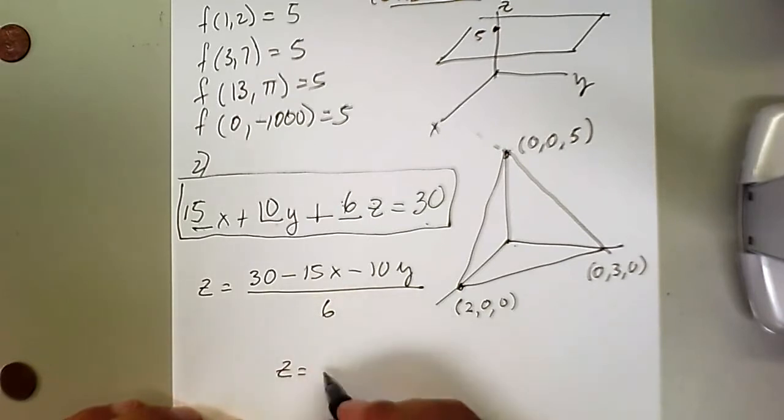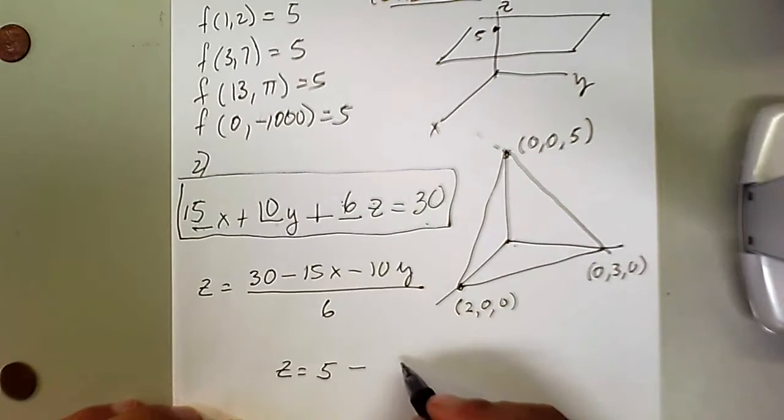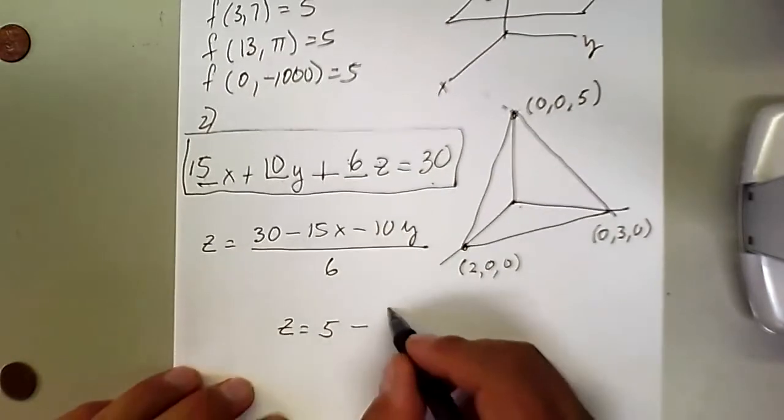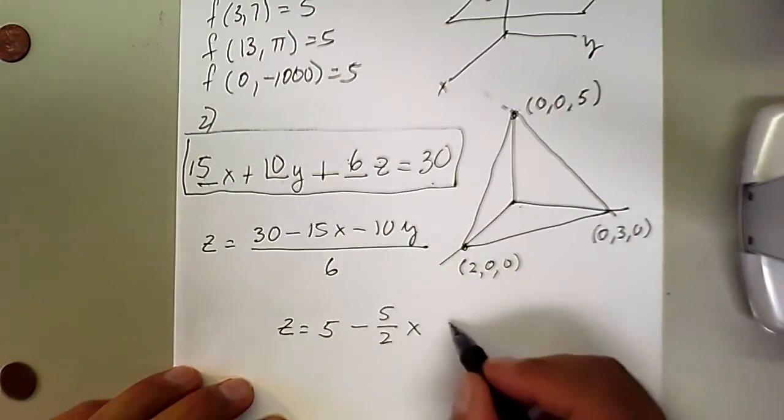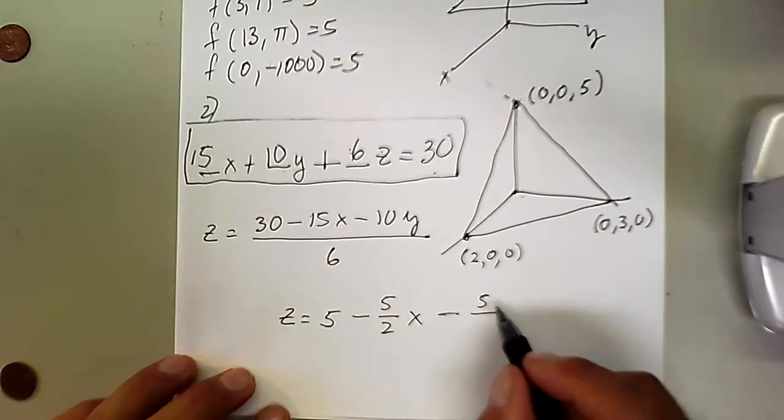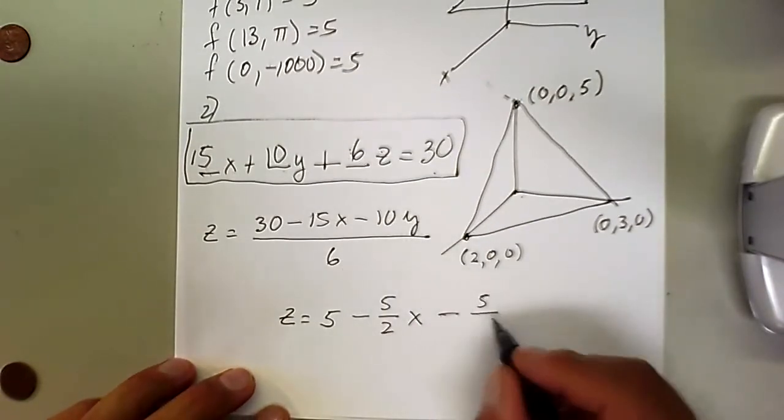So 30 divided by 6 is 5, minus 15 divided by 6, but we simplify that. If we simplify the 3's, we end up with 5 divided by 2x. 10 divided by 6 is again 5 divided by, simplify the 2, so we end up with 3y.